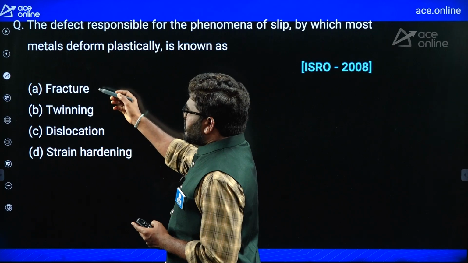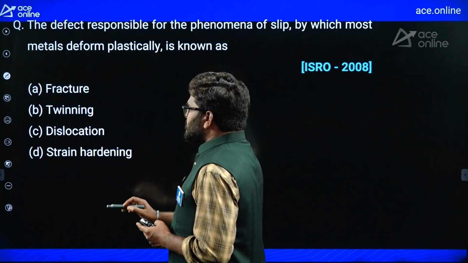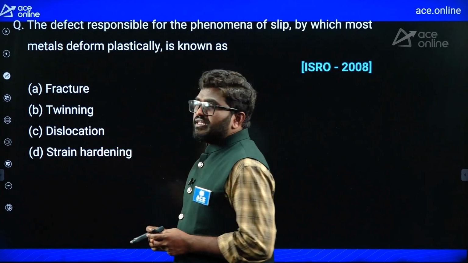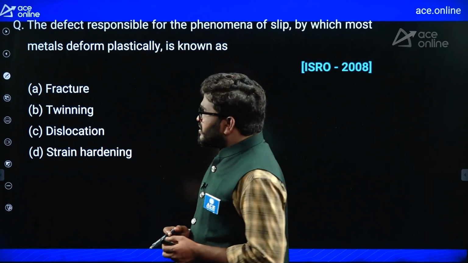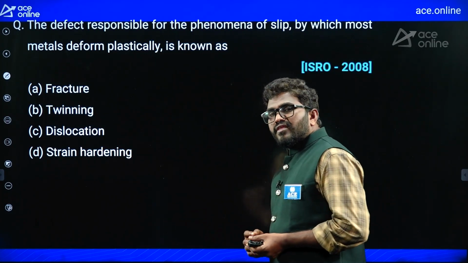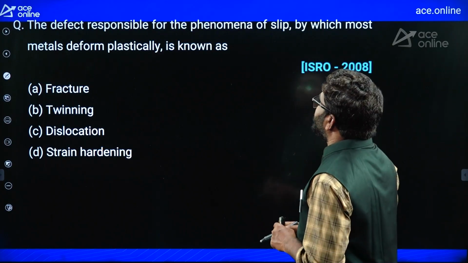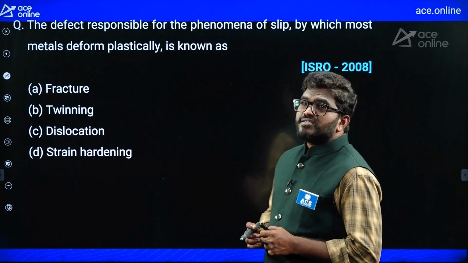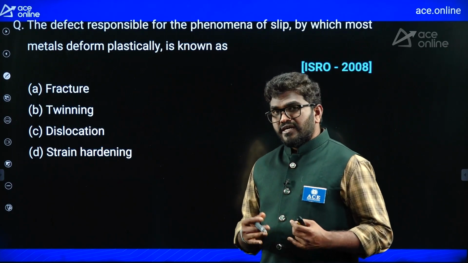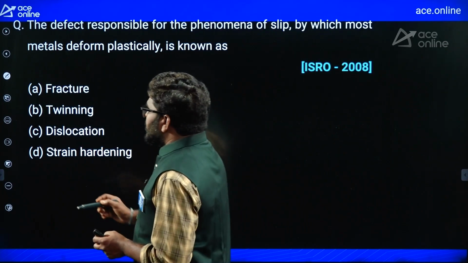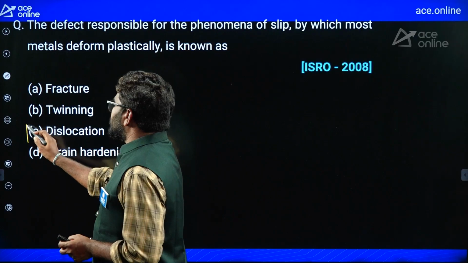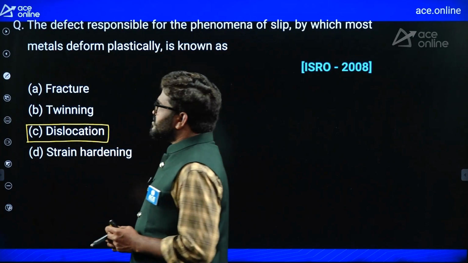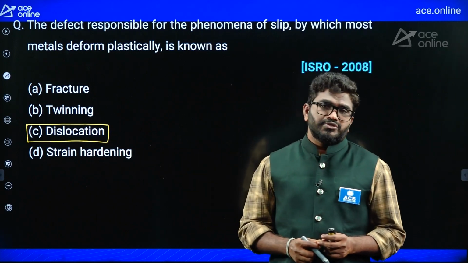Fracture is not a defect, it is a failure mechanism. Strain hardening is a strengthening mechanism. Twinning and dislocation are defects. Dislocation is the defect responsible for the phenomenon of slip, by which most metals undergo plastic deformation. So dislocations are responsible for plastic deformation. So C is the correct answer for this question.